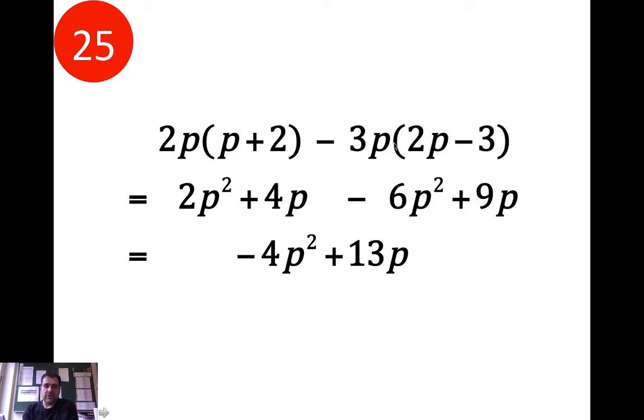So I've got a 3p here, but actually that's not really a 3p, that's a minus 3p, because whenever you see a minus, it belongs to the thing that follows it. So I've got to do minus 3p times everything in that bracket.